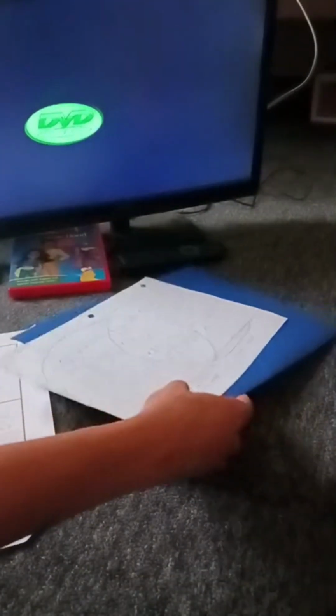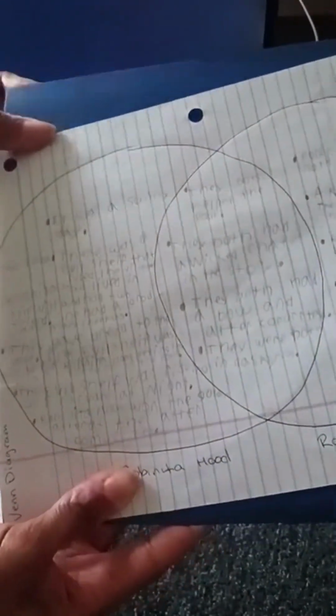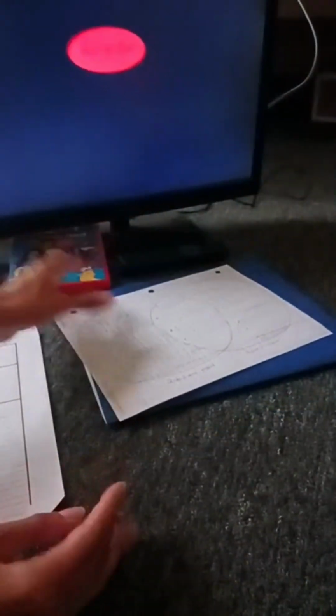Okay. Awesome. Okay, so it seems like you really completed this Venn diagram. You have a lot of examples on both ends. You did a great job comparing and contrasting the two. Okay? So, now what I want you to do is I want you to write an opinion piece. Okay, you're going to do an opinion writing.